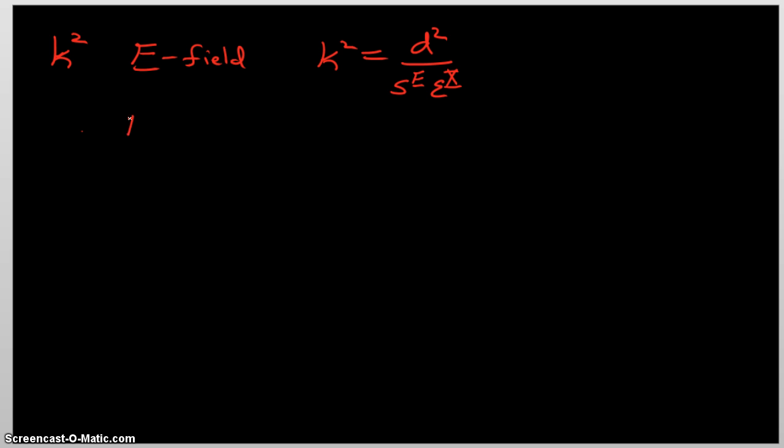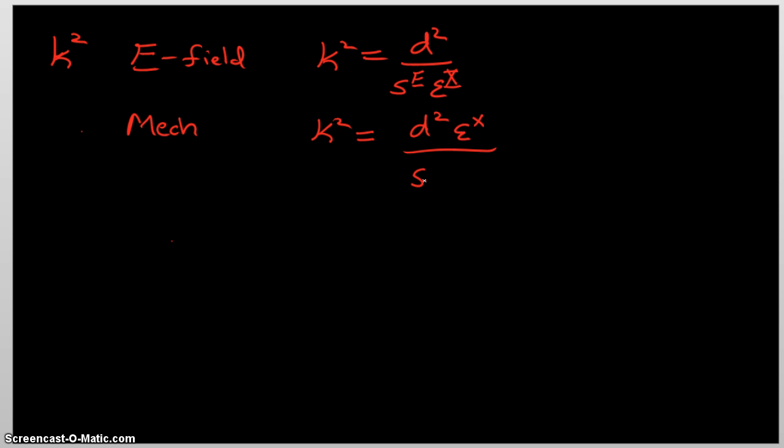And using the mechanical applied field, we found the k squared term to be equal to d squared times epsilon^x. Remember, this is constant strain, this is constant stress, this is constant electric field.